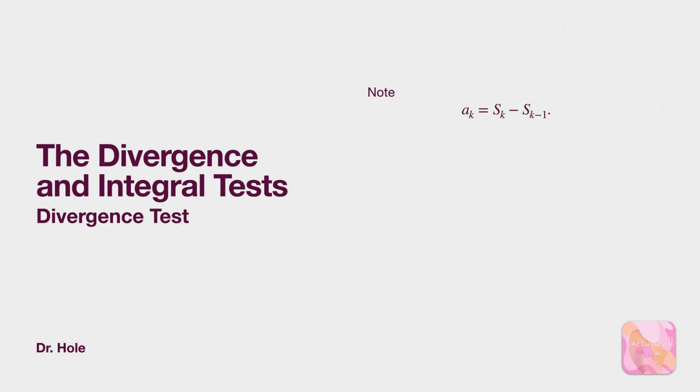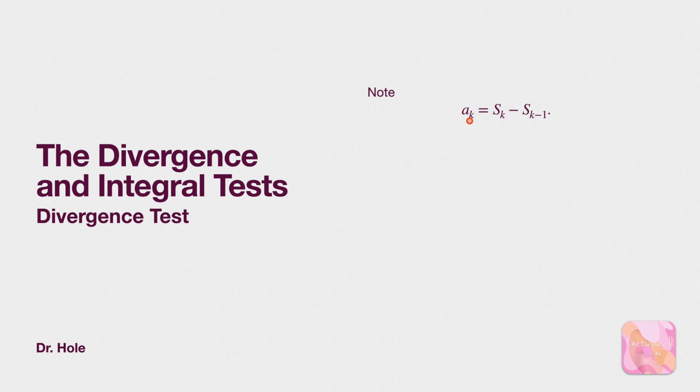Now, when we're looking at a series, there is a sequence associated with the series. The terms of the sequence are given by a sub n. Let's use the notation a sub k.